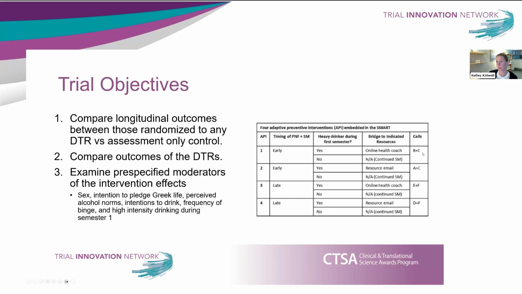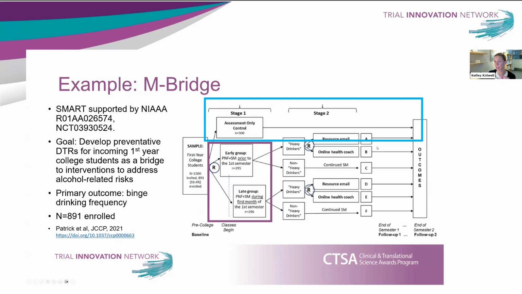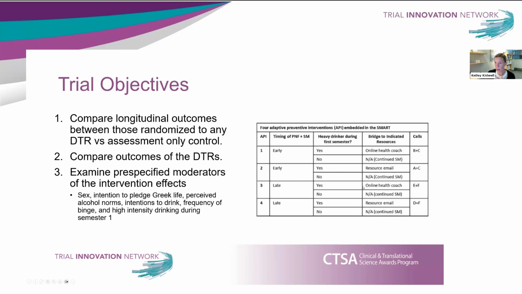And always toggle back and forth between that table and what the DTRs are versus the design. And so then they're saying, look, this DTR, this adaptive intervention, is subgroups A plus C or B plus C. That really gives readers the knowledge of what are DTRs versus what is the SMART, right? The DTRs are the treatment guidelines that include 2 pathways, and the SMART is going to provide that robust evidence of that.